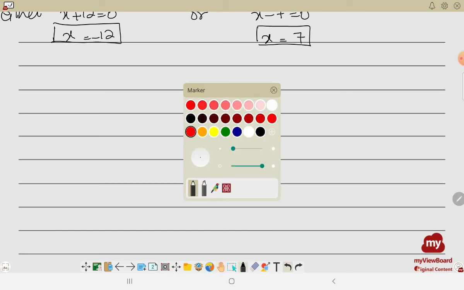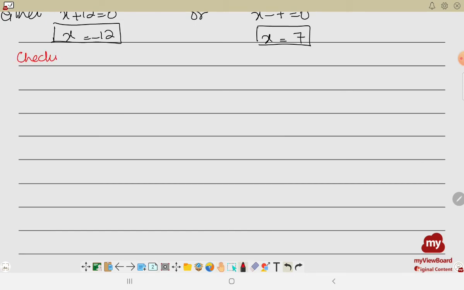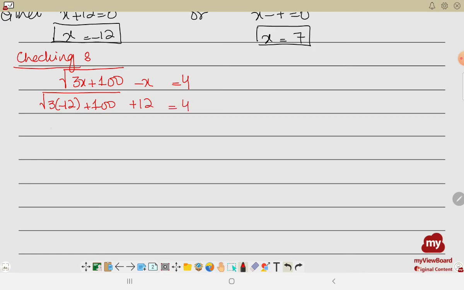Let's do the checking process. Let me write down the equation. The original equation was square root of 3x plus 100 minus x equals 4. First we'll insert the value minus 12. Instead of x, we'll write minus 12: square root of minus 36 plus 100, minus, again minus 12, so it will become plus 12, equals 4.